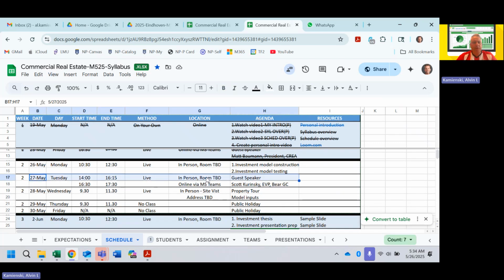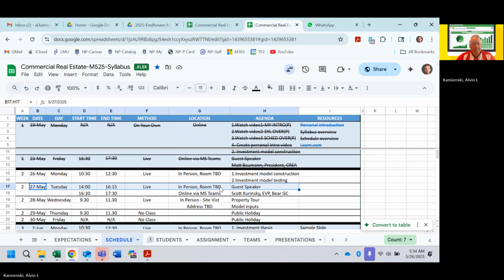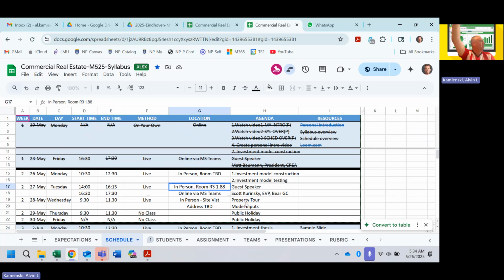Anybody know the room for tomorrow? Can someone look it up in the WhatsApp group? Where are we? R3 1.88. So I think down that. Oh, no, it's right over here. Yeah, right over here. So tomorrow is Tuesday.